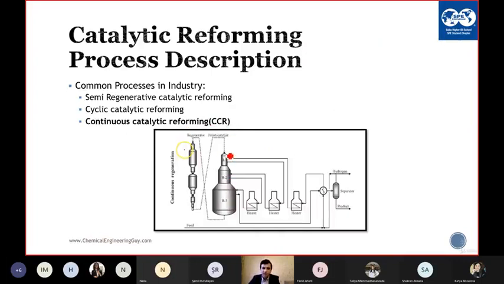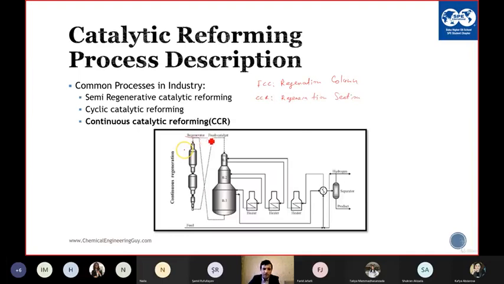As you can see, the catalyst is recirculated between the regeneration section and the reaction section. These are the three reactors on top of each other. But it is essential to note that in FCC we have one regeneration column, whereas here in the CCR we have a regeneration section.